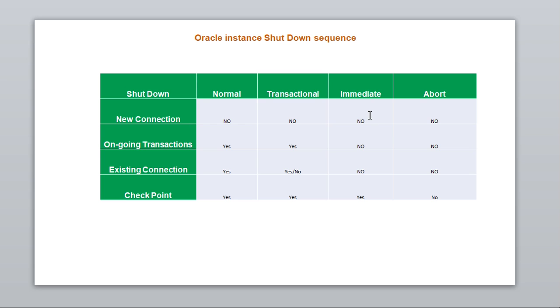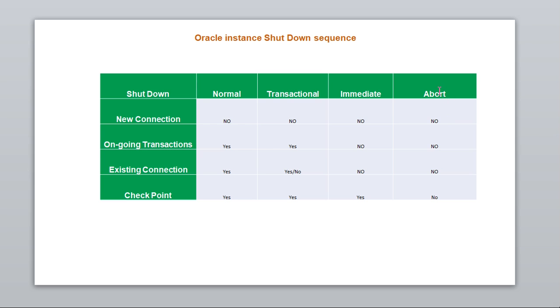New connection, no. Ongoing transaction, no. Existing connection, no. Checkpoint, yes, the checkpoint occurs, right. If you take the instance for abort, new connection, no. Ongoing transaction, no. Existing connection, no. Checkpoint also, no.